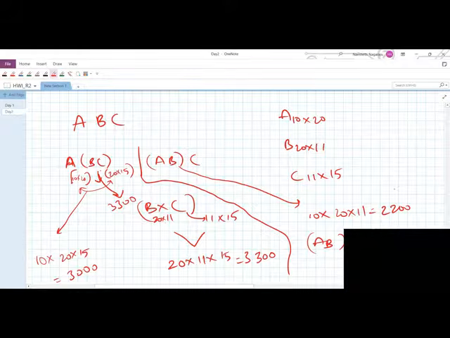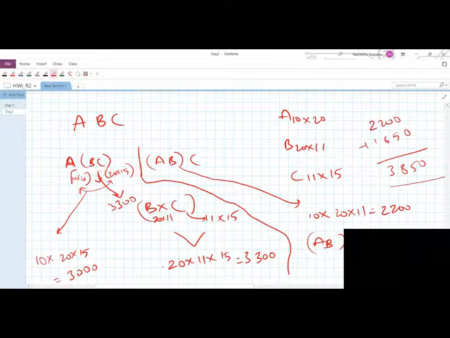So when we sum these up, we will get 3850. In the first case we got 6300. In this case we got just 3850.